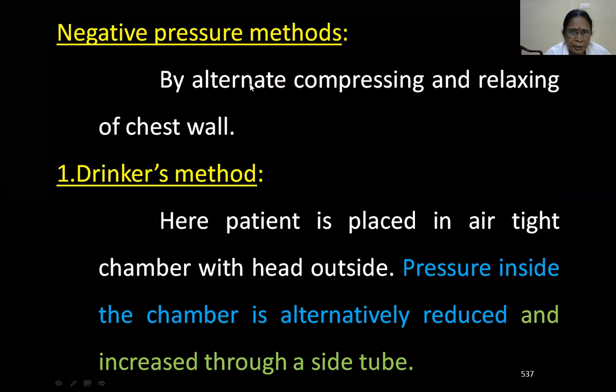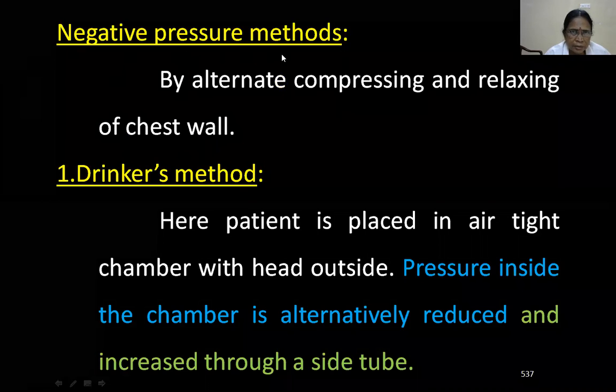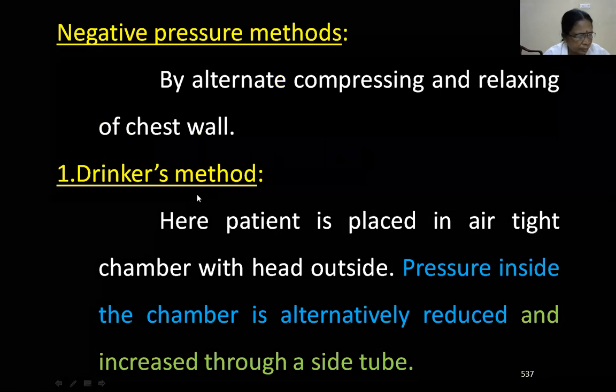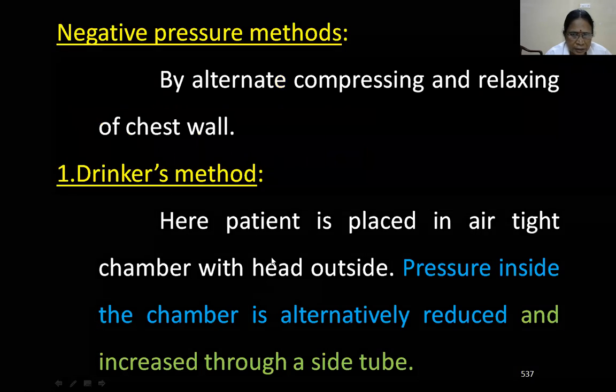Negative pressure methods work by alternately compressing and relaxing the chest wall. First, I'm going to discuss negative pressure methods. Drinker's method: here the patient is placed in an airtight chamber with the head outside.